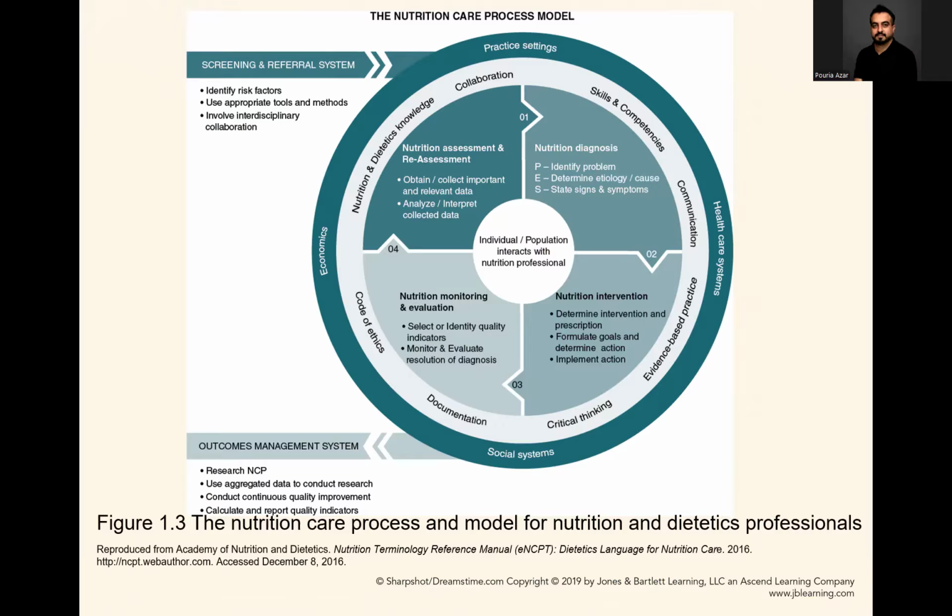Then we develop a nutrition intervention to address the etiology and causes of the nutrition problem. After implementing the intervention, we need to monitor and evaluate it. If the problem persists, or if the problem changes and another problem emerges, we need to do nutrition reassessment.